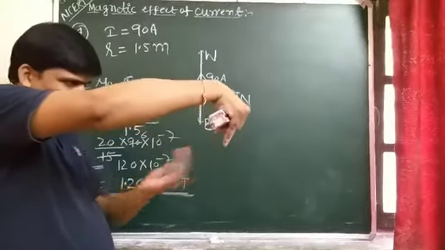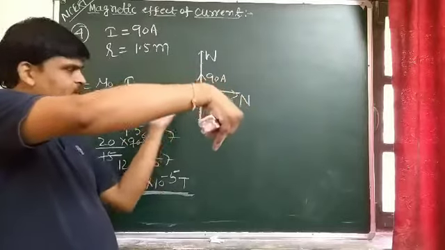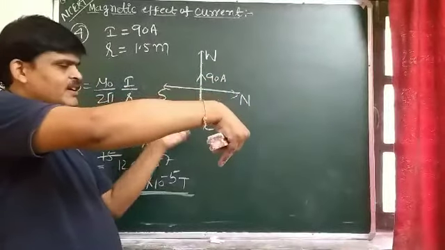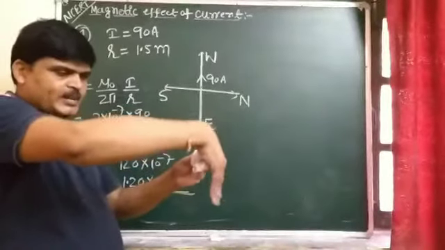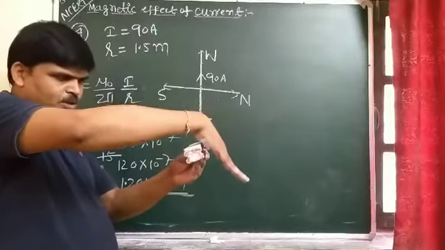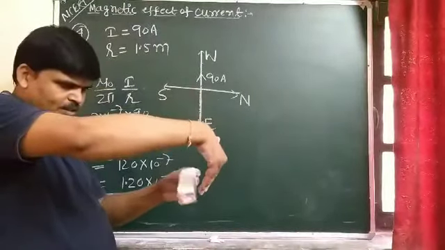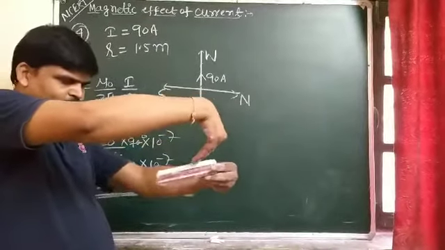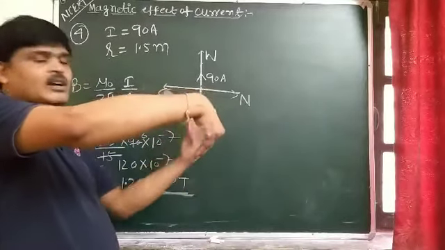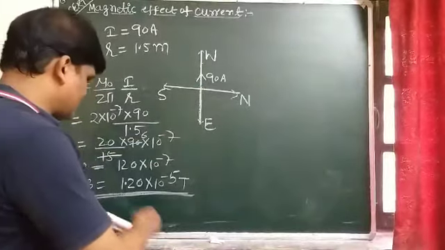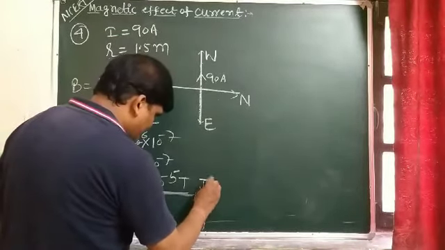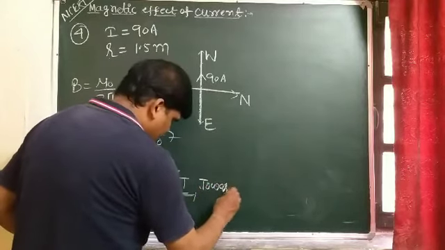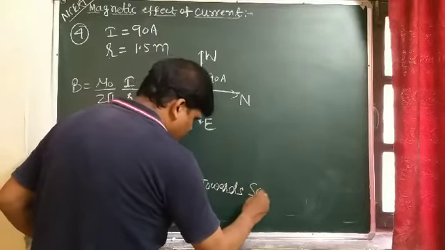If you draw a tangent, which direction does it give? So if current is flowing from east to west, the magnetic field below this wire, at this point, if you draw a tangent, is towards south. So the direction of the magnetic field is towards south.